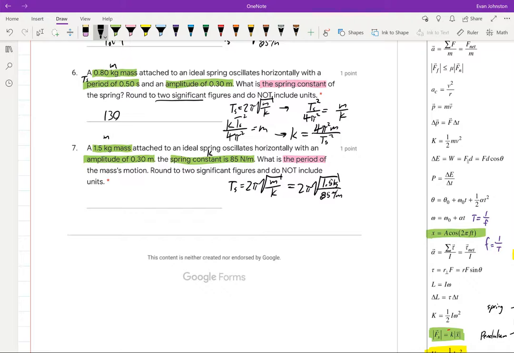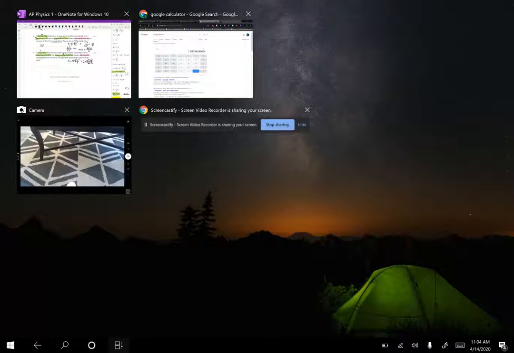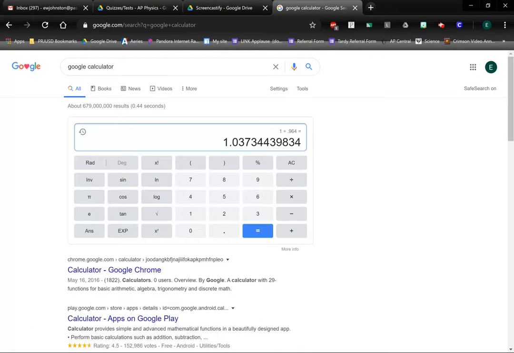So I need to put this all in the calculator. We clear it. We're doing 2 times pi times the square root of 1.5 divided by 85, and I get 0.83467 and so on.